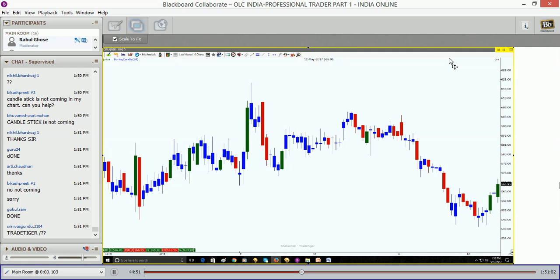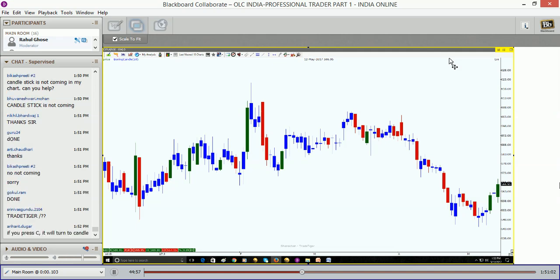Yes, absolutely correct, Guru. Gokul, let's have a look at yours. Yes, perfect, Gokul. Remove the volume bar, Gokul. We don't use the volume bar anywhere.